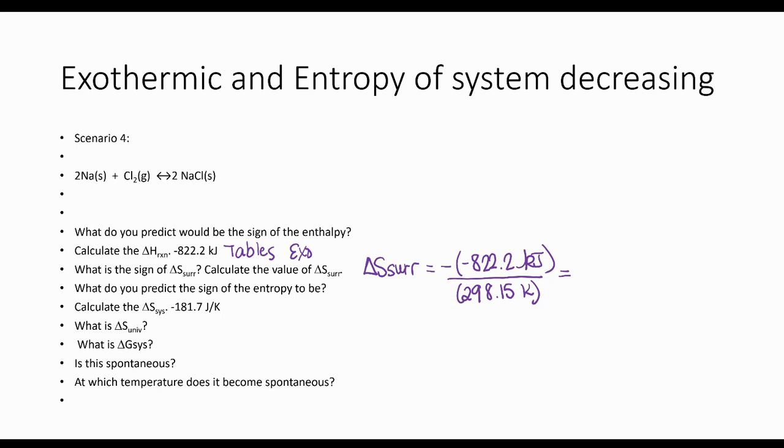So we end up with 2.758 kilojoules per Kelvin.